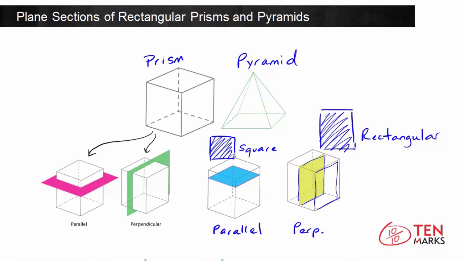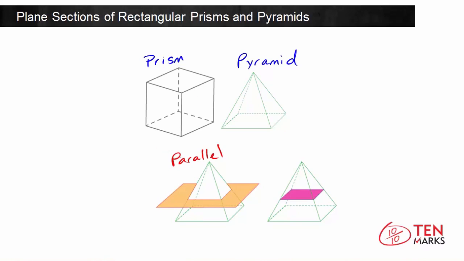So it's now parallel to this face, which is why you get the same exact shape and size. Perpendicular to the base gives you a cut that is the same as one of the side faces of this prism. Now let's erase all these prisms, and we're going to take a look at the pyramid now.